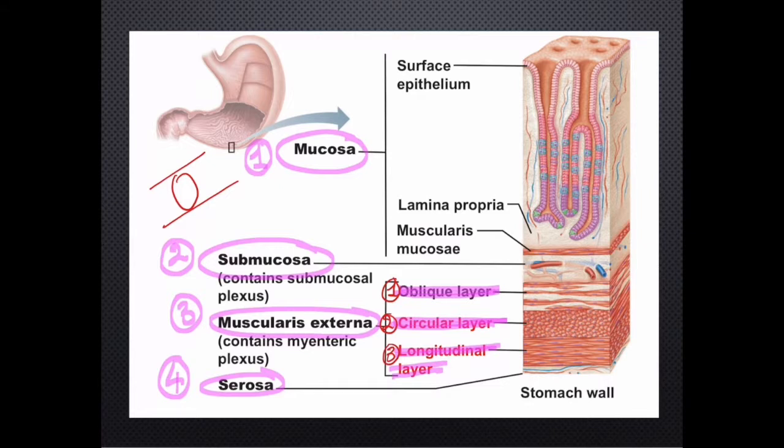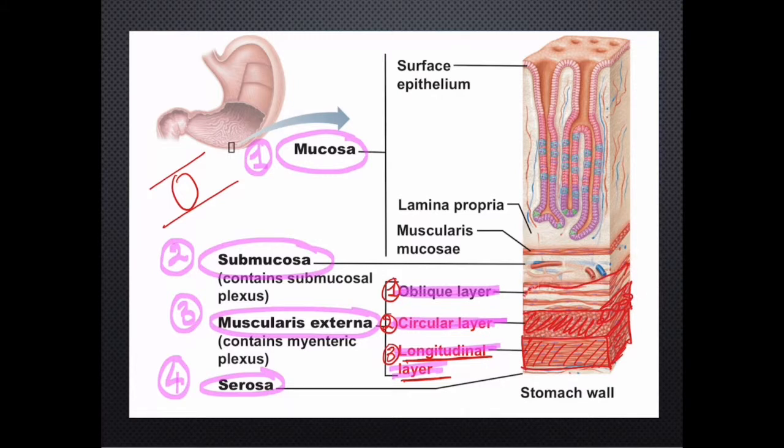You see on here in the stomach we're gonna have an extra muscle layer, which is my oblique layer. We have an extra layer other than the longitudinal, which is to the outside. To the inside of the longitudinal muscle, we're going to have the circular muscle layer.